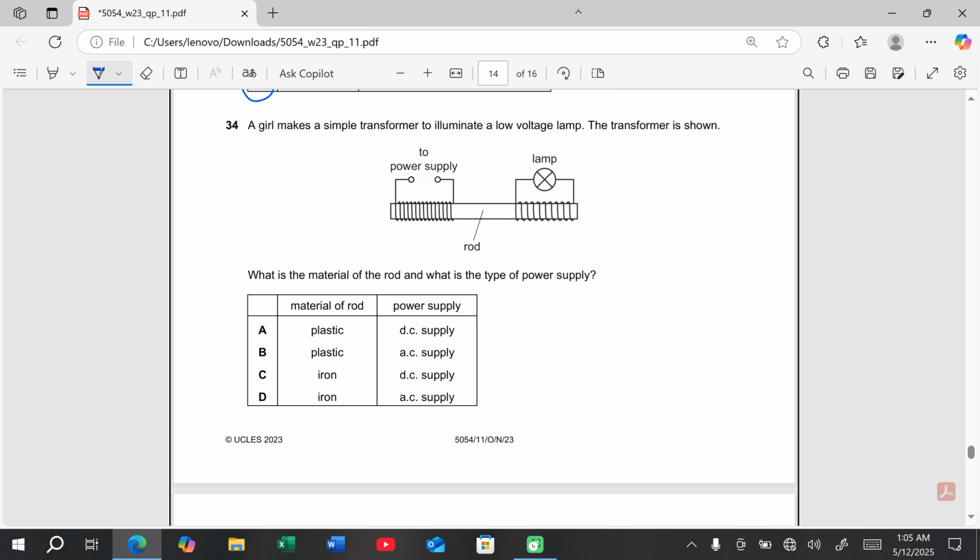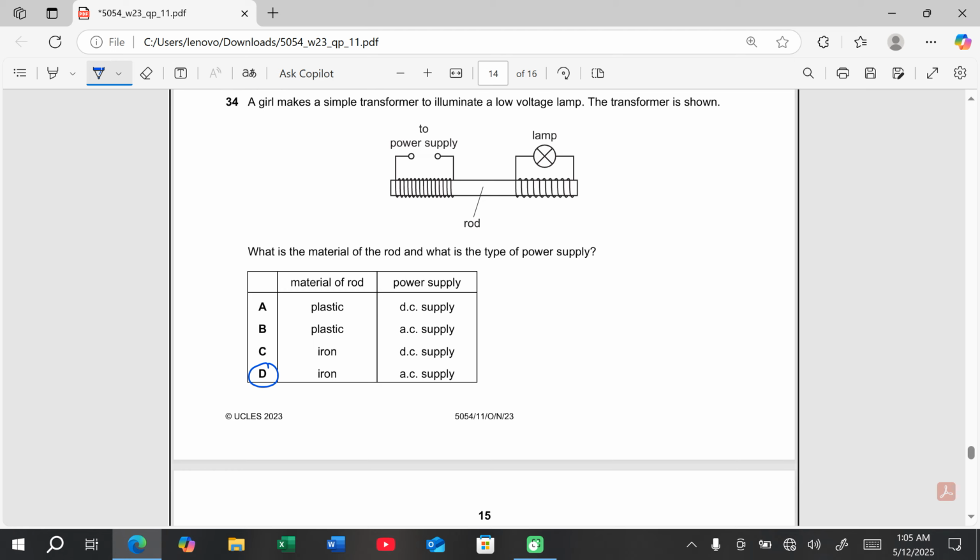So it has to be this, and the power supply has to be an alternating supply, because an alternating supply will have a rate of change of magnetic flux, because when the current changes its direction, there will be a change in flux. Otherwise, when the coil is stagnant, the rod is stagnant, nothing is moving, there will be no rate of change of magnetic flux if the DC supply is there.